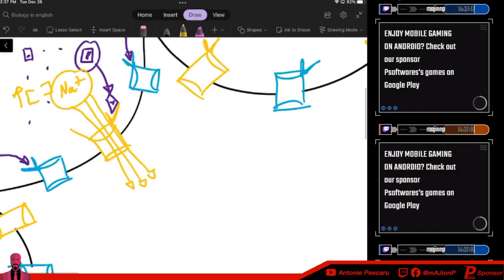And when you've got a lot of positive ions going into the cell, what does that do to the cell? It makes it more positive, right? And that's essentially what our EPSP is, the excitatory postsynaptic potential. And that's what happens.